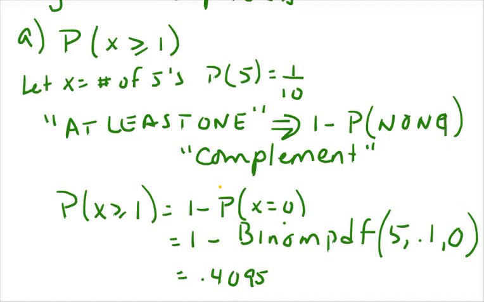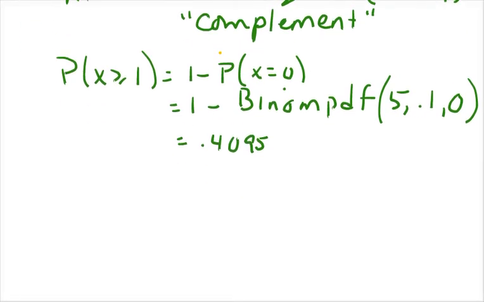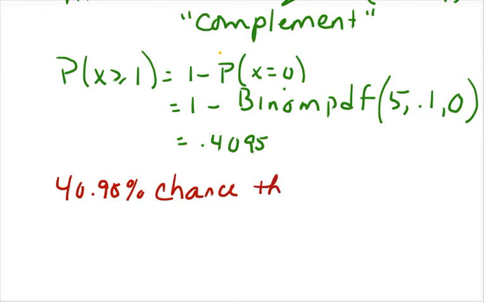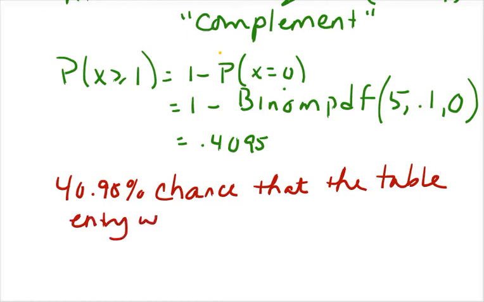So the conclusion is that there's a 40.95% chance that the table entry will contain at least one 5.